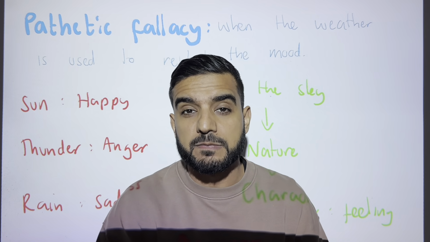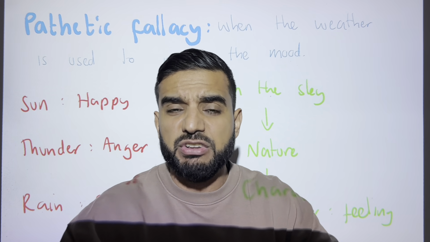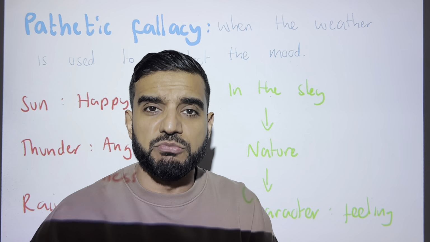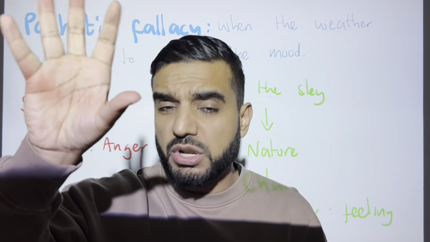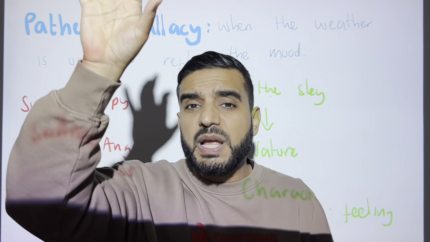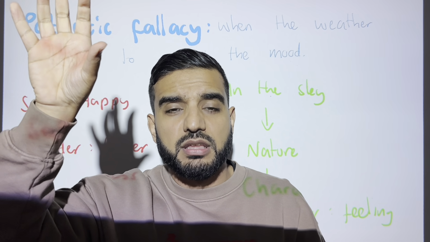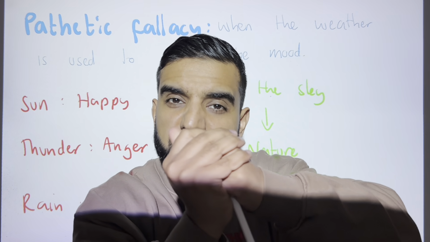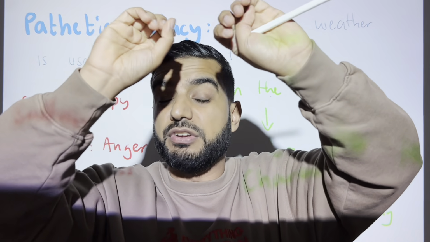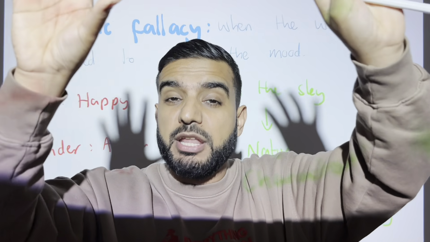Let's reverse it. Imagine you want to create a really dark, really negative mood. Start the first paragraph, the first 2 lines: the sky was rumbling, the clouds were forming together.